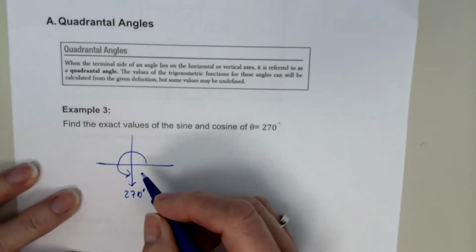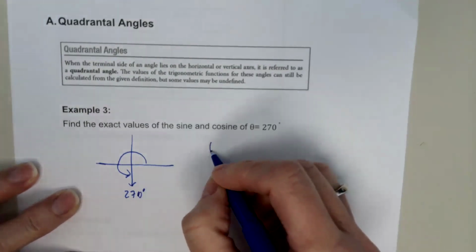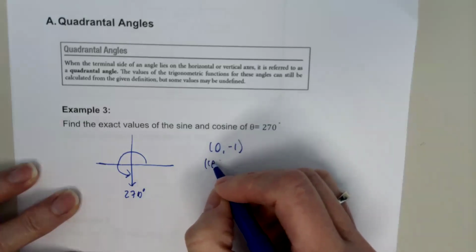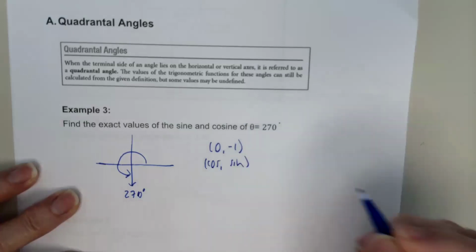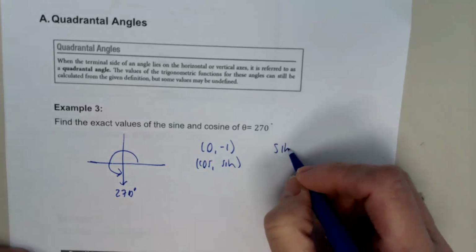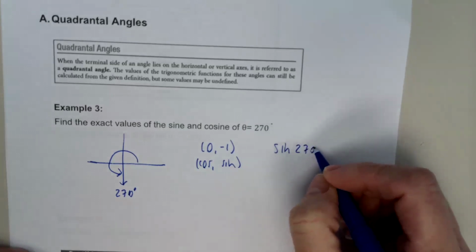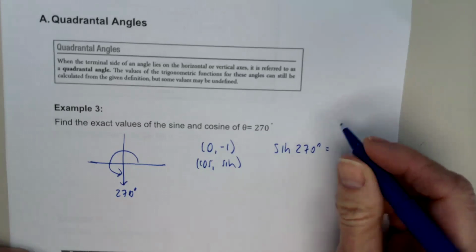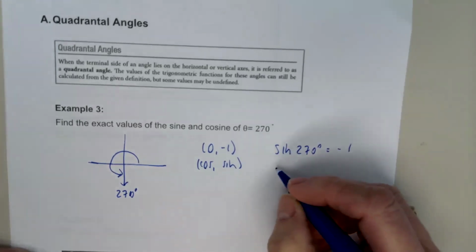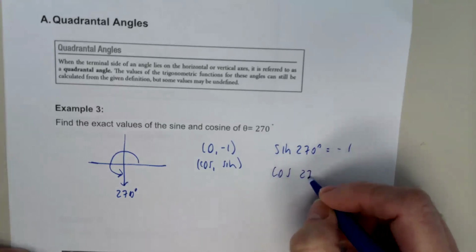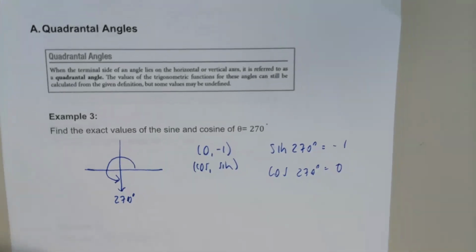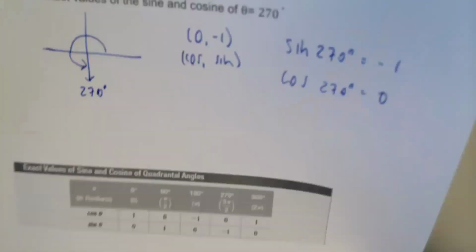And so that means that we are at the point 0, -1, which is cosine and sine. So we know that sine at 270 is equal to -1. And then we know that cosine at 270 is equal to 0. And that's also in the table down below.